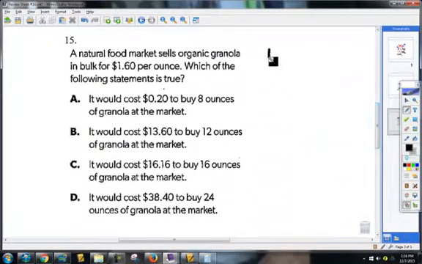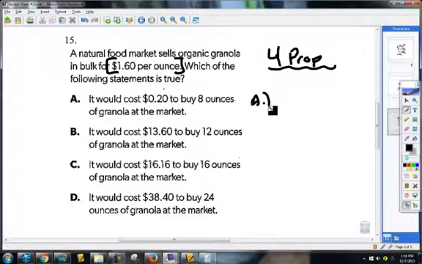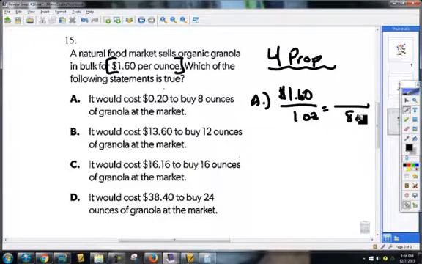This one, I would need to see 4 proportions on. Okay? So that means here's your given rate right there. So you would say, okay, A, I know that it is $1.60 per 1 ounce. And I just need to know, how much is 8 ounces going to cost? Okay, that's just what I'm going to find out. And if it's 20 cents, then I know this is the answer, or one of the answers. Okay, if it's not 20 cents, then I have done something wrong.